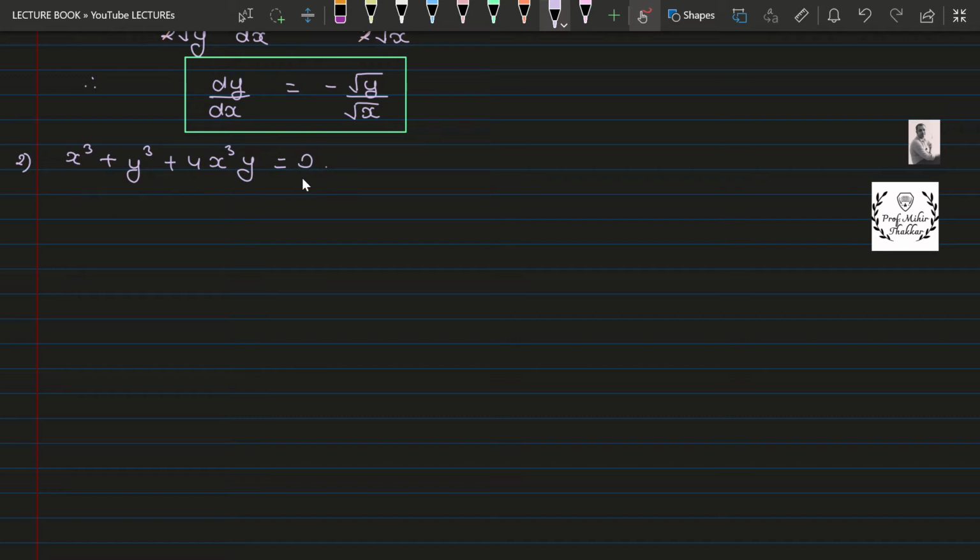So now in this particular question, again when we want to find dy by dx, we differentiate this with respect to x. When we differentiate with respect to x, derivative of x cube is 3x raised to 3 minus 1, which is 3x square. Y cube over here is considered as fx raised to n.